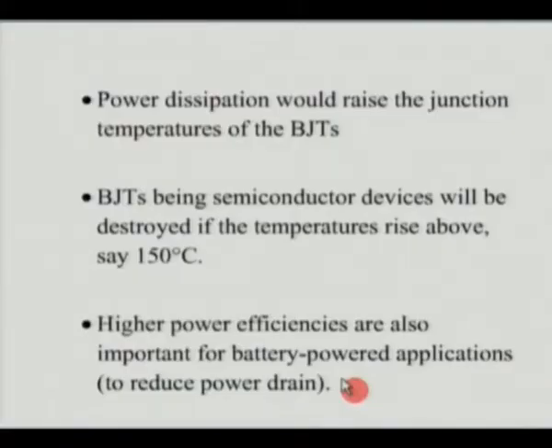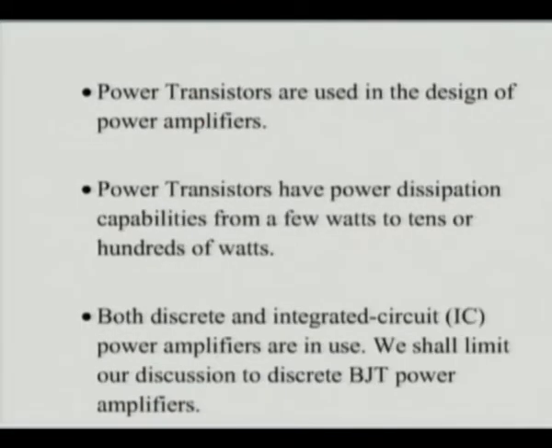Now if we are talking about an application where you are using a battery, especially a portable kind of application, then power efficiency is a concern because of the drain on the power supply.